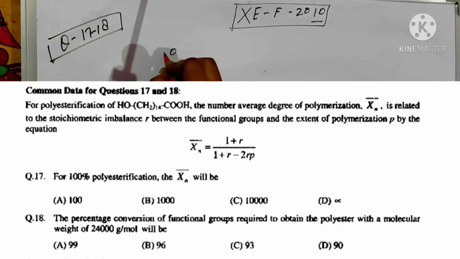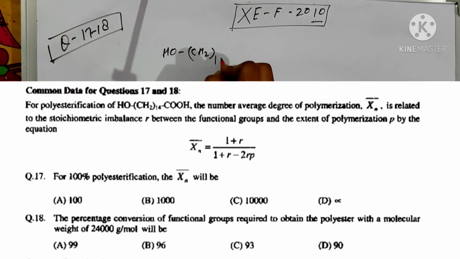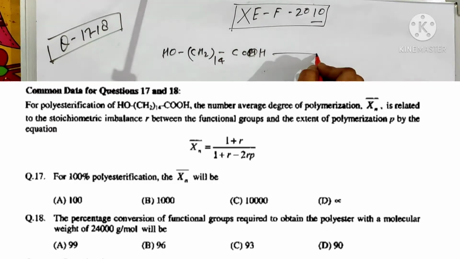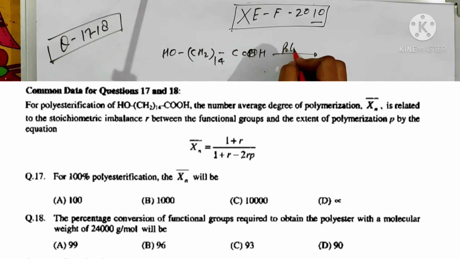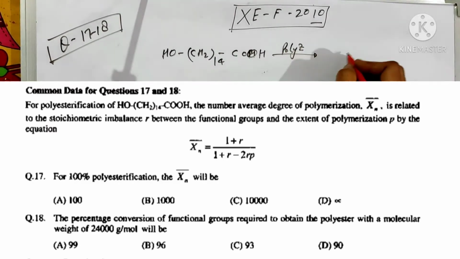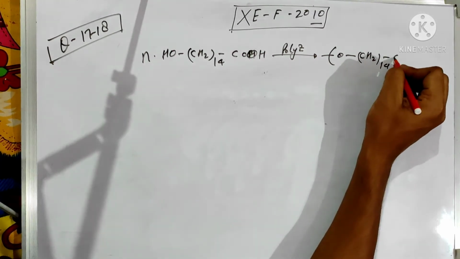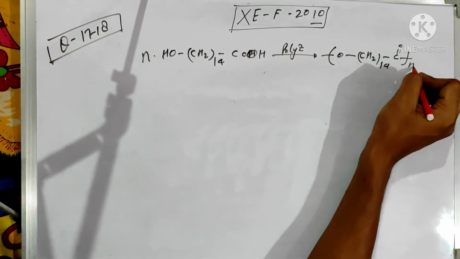Polymerization of OH-(CH2)14-COOH. Polymerization gives [O-(CH2)14-CO]n.